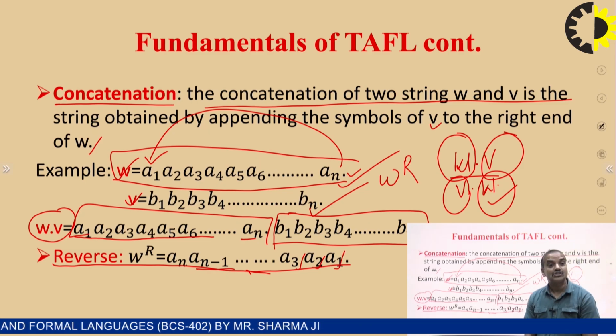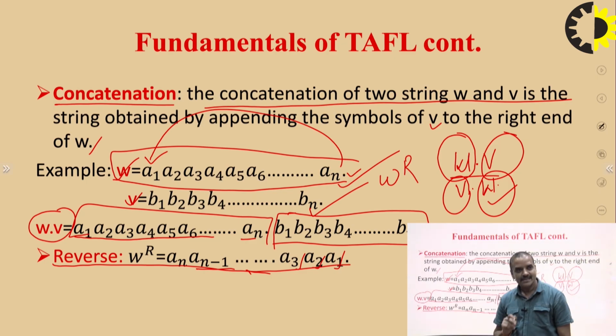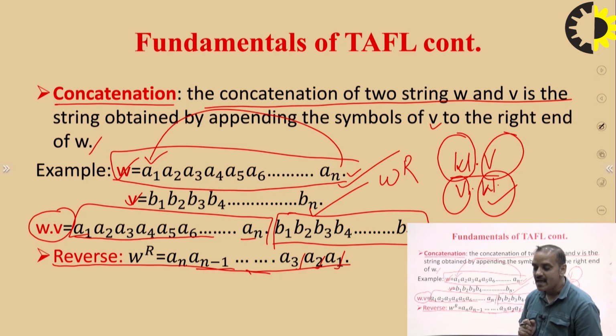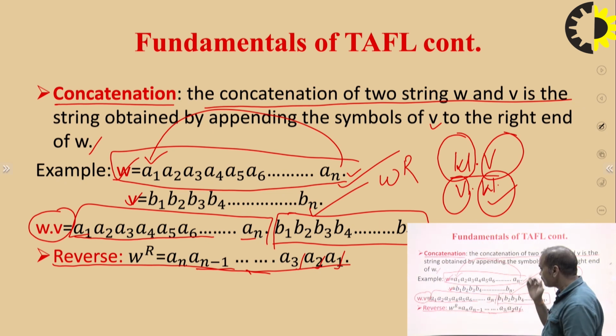This is the sequence obtained after reversing the string W. That means we are given string W and we want to find the reverse of string W, W power R.